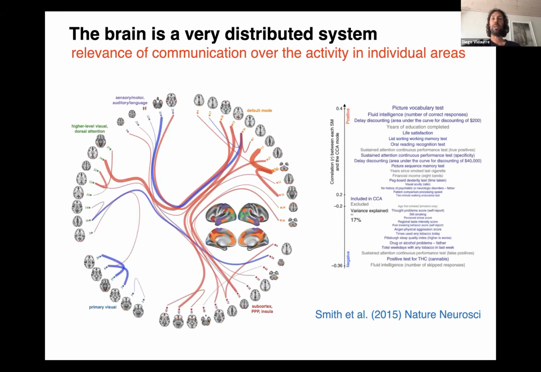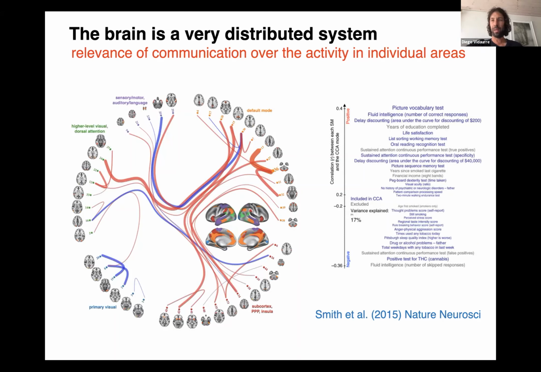That the brain is a very distributed system, very few neuroscientists nowadays will disagree with. There are a lot of studies that show that the communication between regions is critical, above and beyond the activity within a given region. So this integration across regions is critical for many aspects of cognition.